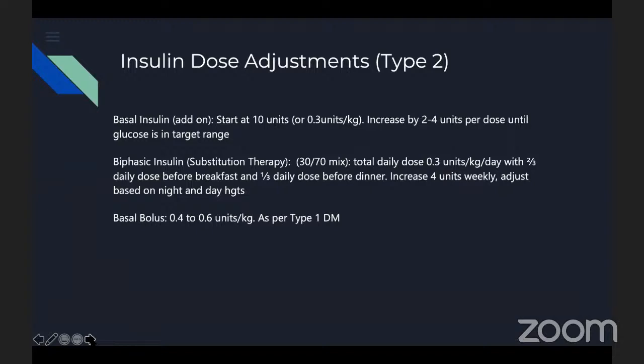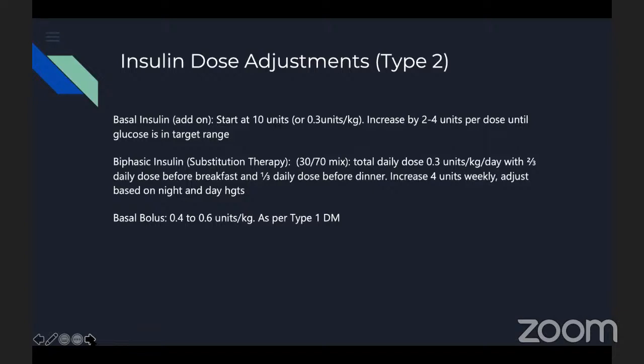So if you are starting the patient on basal insulin, that means they'll only be taking the insulin at night, you can start them off at around 0.3 units per kg per day, or at 10 units daily, in the evening before bedtime. If that starting dose isn't effective, you can increase it by 2 to 4 units per dose every week, or however often you are following up on the patient, until you achieve glycemic control.